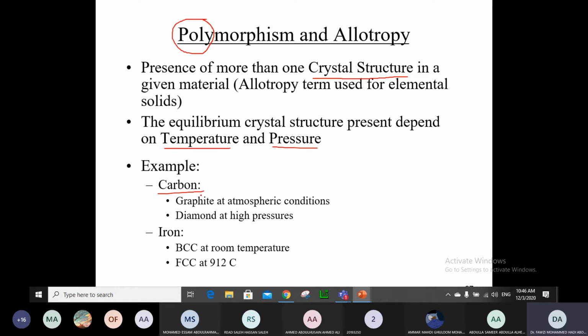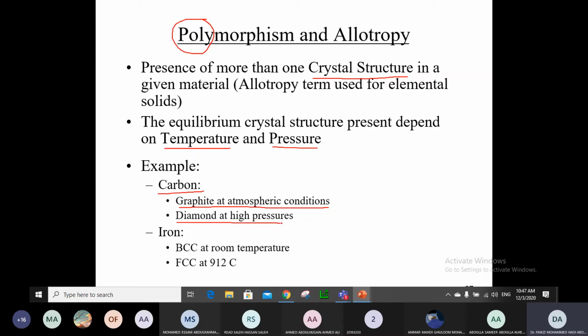For example, carbon does not have a unique crystal structure. It can exist as graphite at the atmospheric conditions, and the graphite has a very beautiful crystal structure. You can go through the internet, just look at the crystal structure there. So carbon can exist as graphite, which has a specific crystal structure, and it can exist also as diamond.